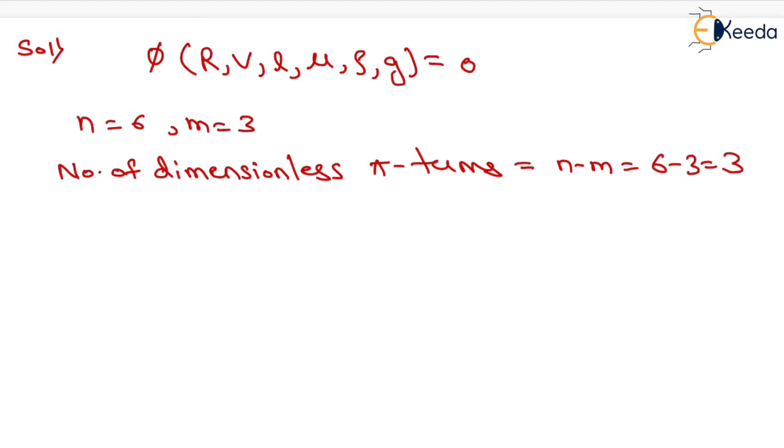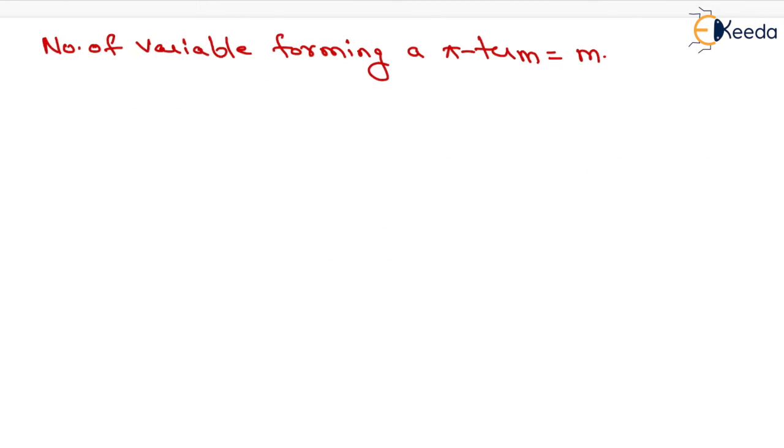Now we have to select the repeating variables, hence L, rho and V are the repeating variables. Now the number of variables forming a pi term equals m plus 1. Now the value of m is 3, so it will be 3 plus 1, which equals 4.